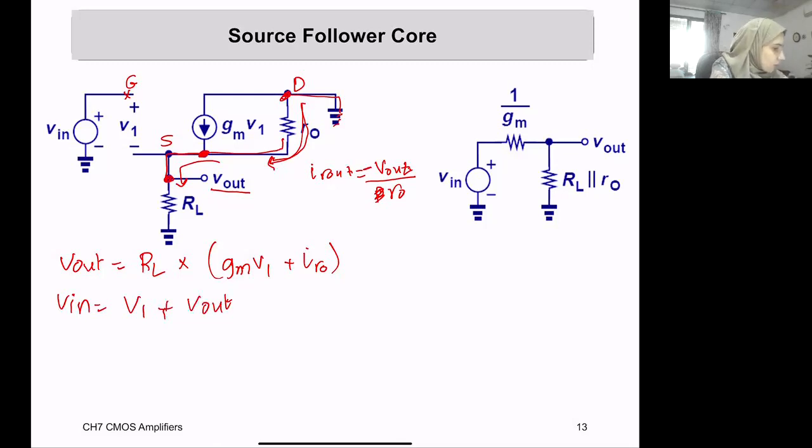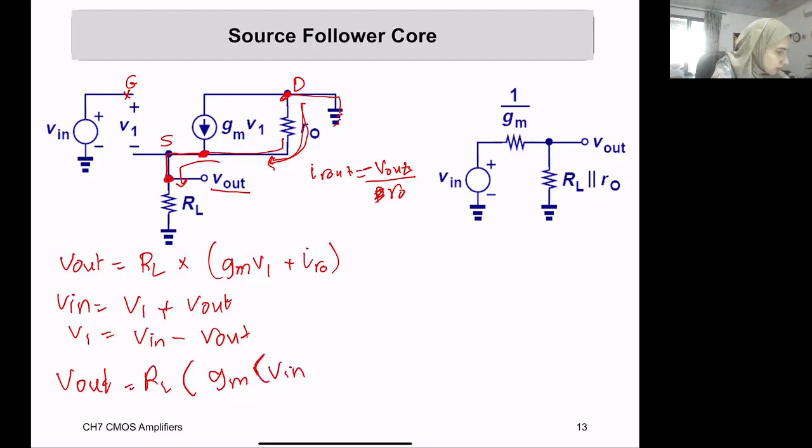Okay, so now what do we want to do? We want to replace these things here. So V1 equals Vn minus Vout, and Vout equals RL times Gm times (Vn minus Vout), minus Vout over Rout.